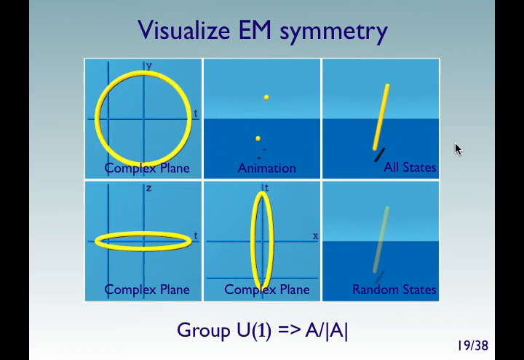And so we can now visualize U1 symmetry, the symmetry of electromagnetism, the unit circle in the complex plane. Now, what I found when I started doing this was that animations by themselves made no sense. My brain just can't think about animations effectively, at all.